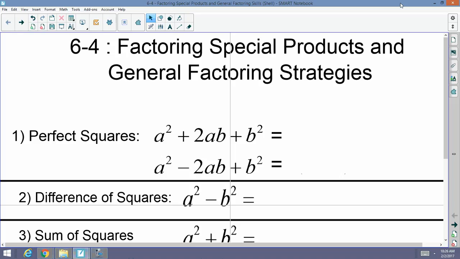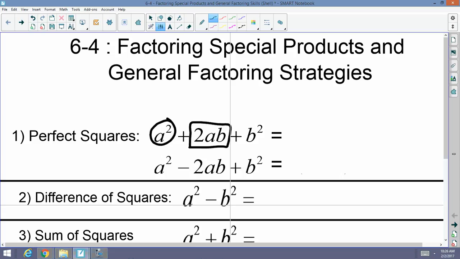So when I have a perfect square trinomial, I'm going to have it in one of two ways. It's going to be in the form of a squared, so that means my first term is being squared, whatever that is. Then my second term is 2 times a times b. That means it's 2 times the square root of the first term times the square root of the second term, plus b squared.